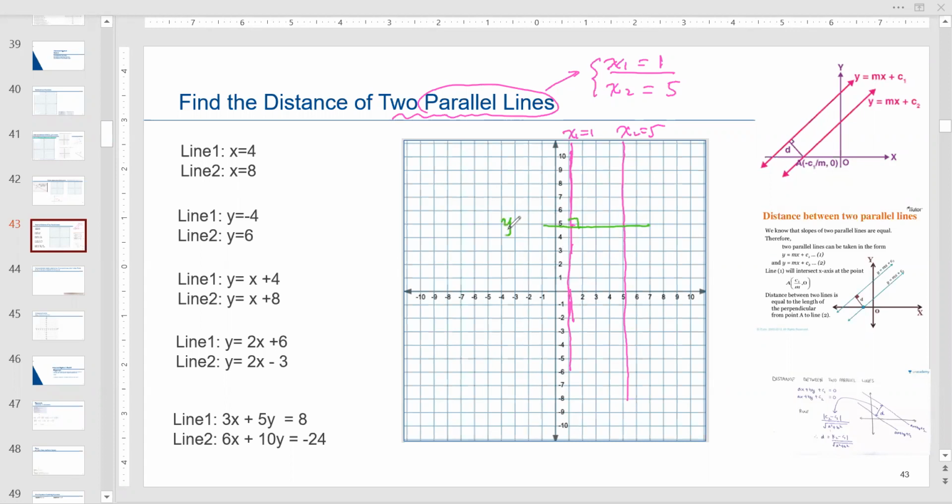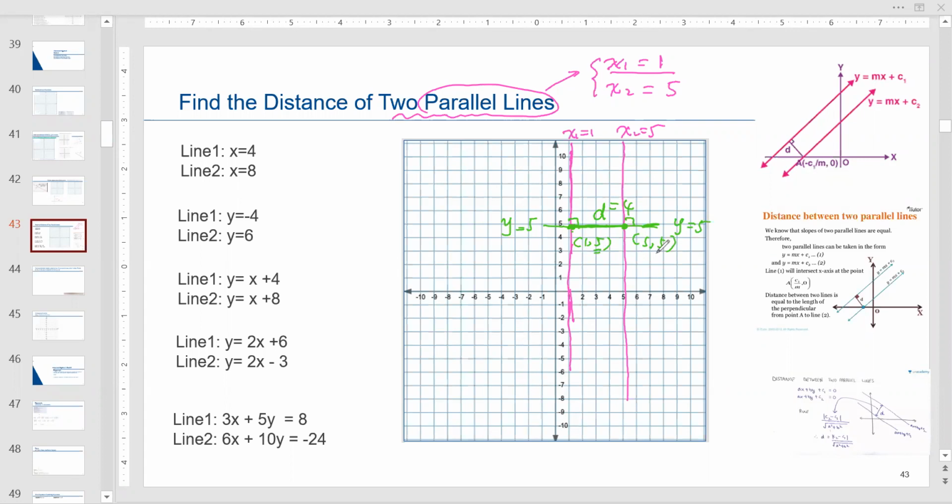Suppose here is y equals 5, a horizontal line. You can see this dot is (1, 5), and this dot is (5, 5). So the distance is d equals 4. It comes from here. This line is y equals 5. The distance is to find the distance of these two dots.